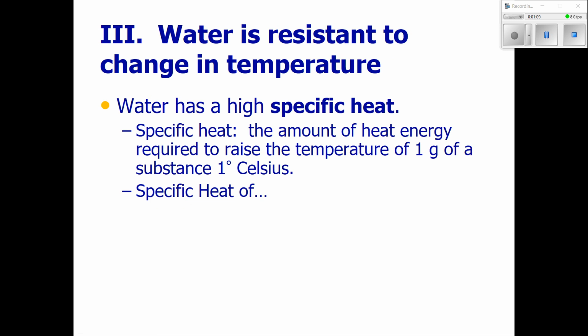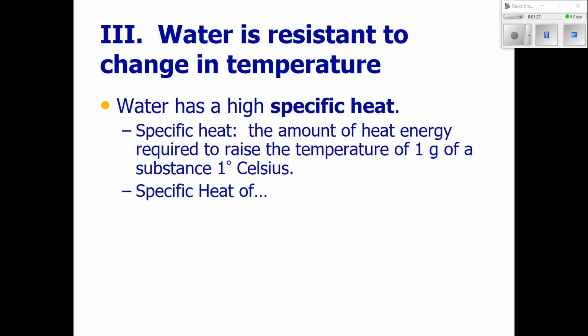So the third property of water is this. Water is resistant to change in temperature. In other words, especially a large body of water tends to stay the same temperature.